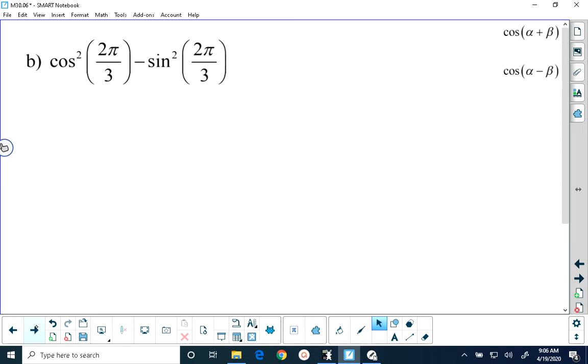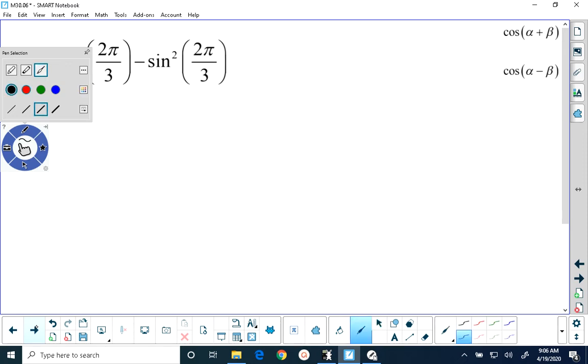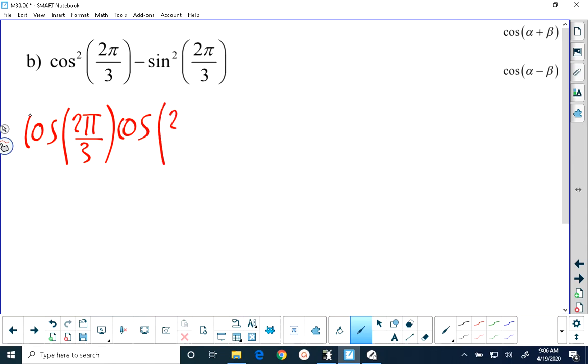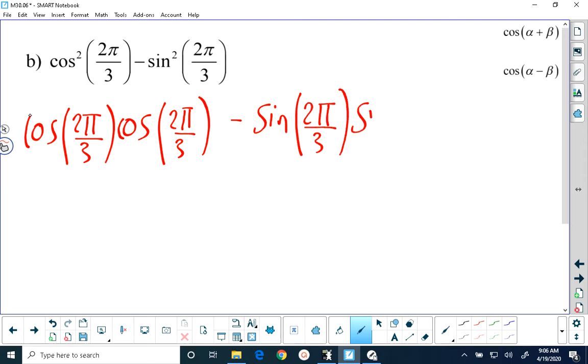But I can rewrite this as cosine of 2 pi over 3 multiplied by cosine of 2 pi over 3 minus sine of 2 pi over 3 times sine of 2 pi over 3. Because we've learned that when you see cosine squared, it means the cosine times the cosine. It means you're squaring the cosine.